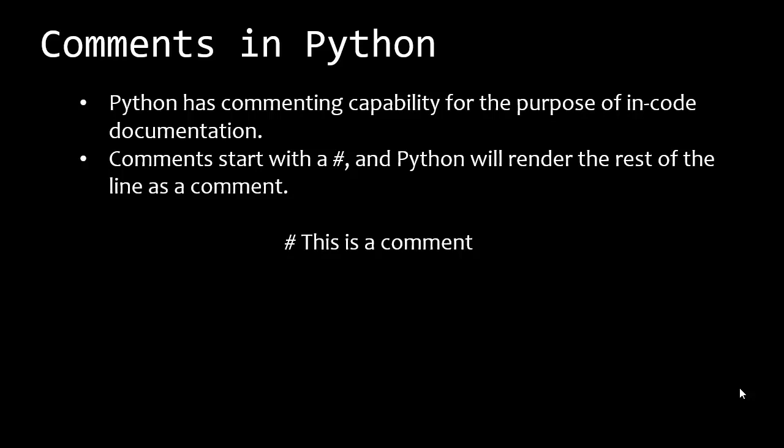Prior to Twitter, it was always a pound sign. Now, for some reason, it's a hashtag. And Python will render the rest of the line as a comment, meaning it will not execute that line. So if you put a pound sign in front of it, that will be a comment. So an example right there: hashtag, this is a comment. That will be a piece of code that will not be interpreted or executed. Make sense?